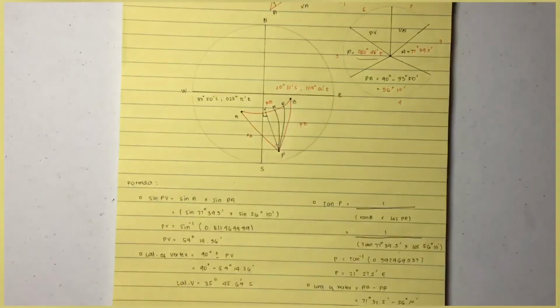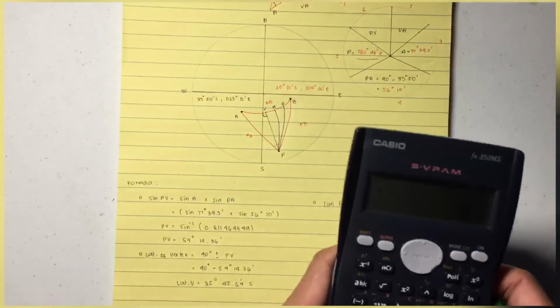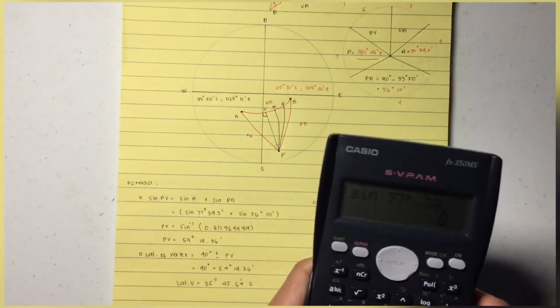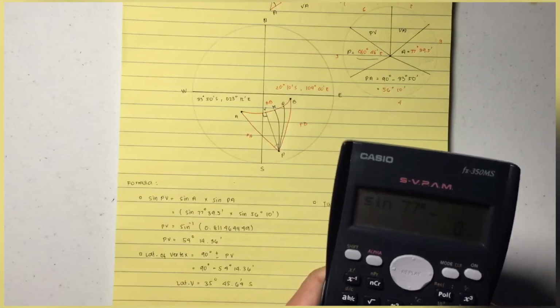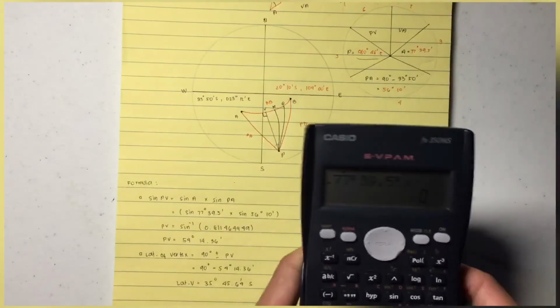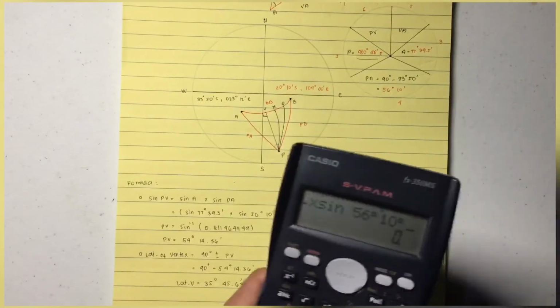So sine 77 degrees 39.5 minutes multiplied by sine 56 degrees 10 minutes.